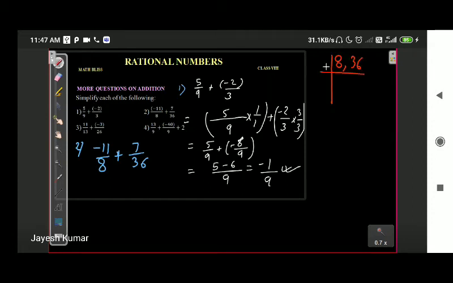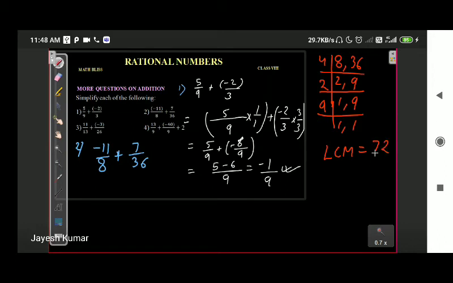First of all, 4 is a number which divides both 8 and 36. 4 2s are 8 and 4 9s are 36. After that, 2 1s are 2. See, I am not taking prime factors, I am just taking the LCM, so it is not necessary for me to use only prime numbers. Lastly, 9 1s are 9. So the LCM will be 4 2s are 8, 8 9s are 72.